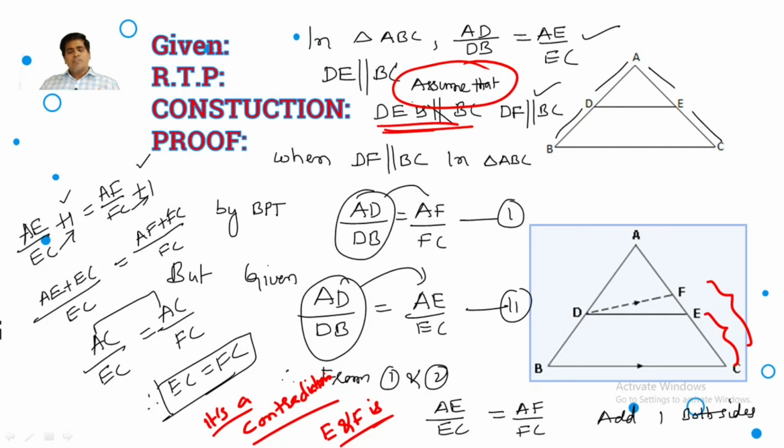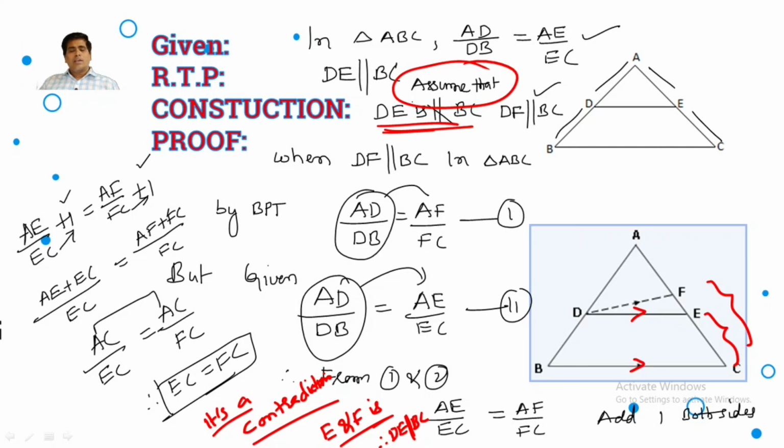So when E and F coincide, definitely DF becomes DE, so these two lines are parallel. Therefore, DE is parallel to BC. We had taken another parallel line, that's why we got a contradiction here.